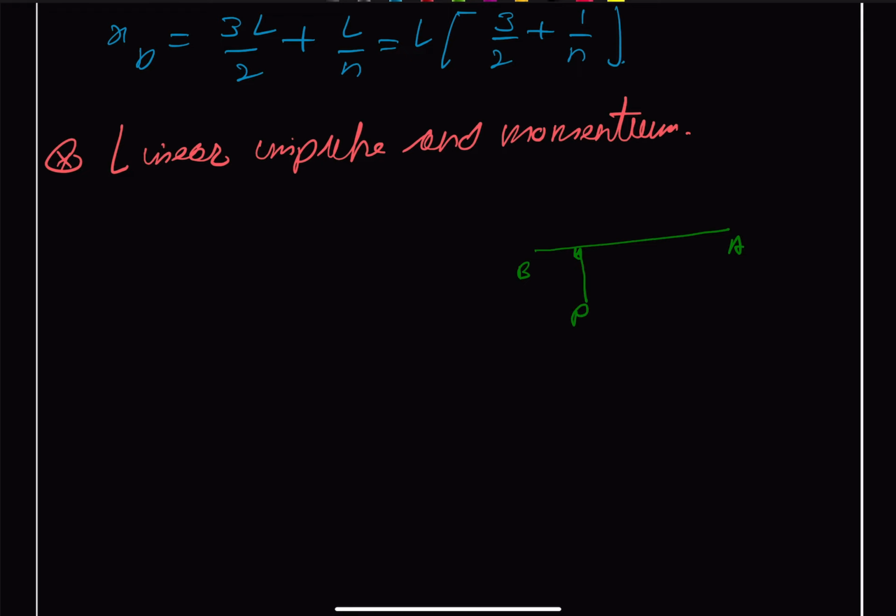Let us call this impulse P, and its direction will be plus J. This is our x and this is our y.